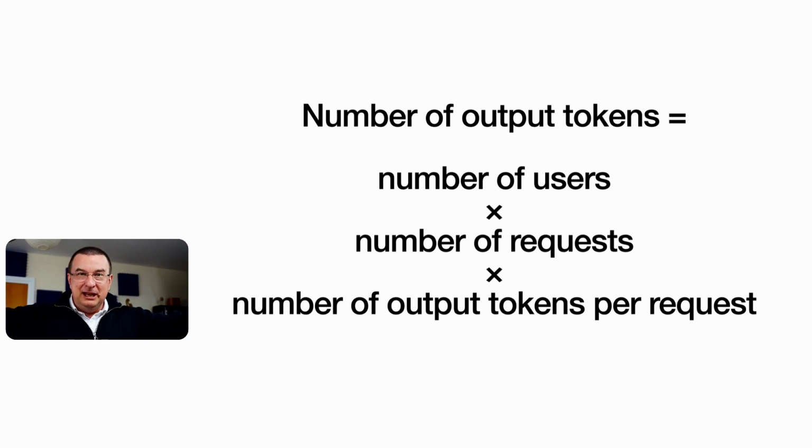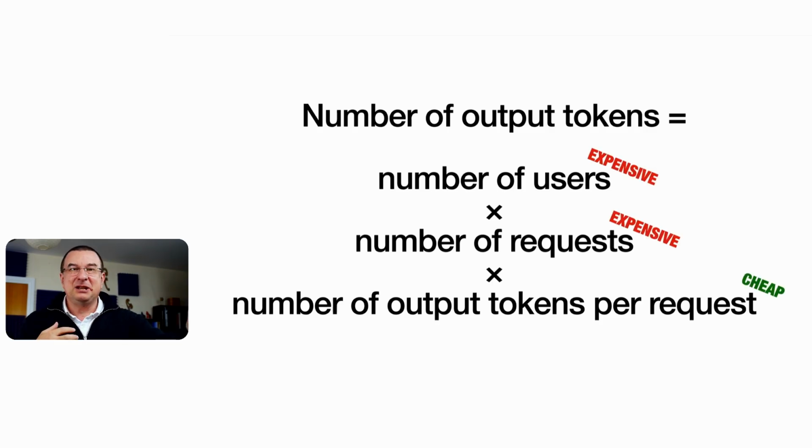So you have many users, you take one user, the user will be giving many requests to the system, and for each of those requests you will deliver a big packet of tokens to the user. It's expensive to increase the number of users, it's expensive to increase the number of requests, but it's cheap to just churn out more tokens for each request.